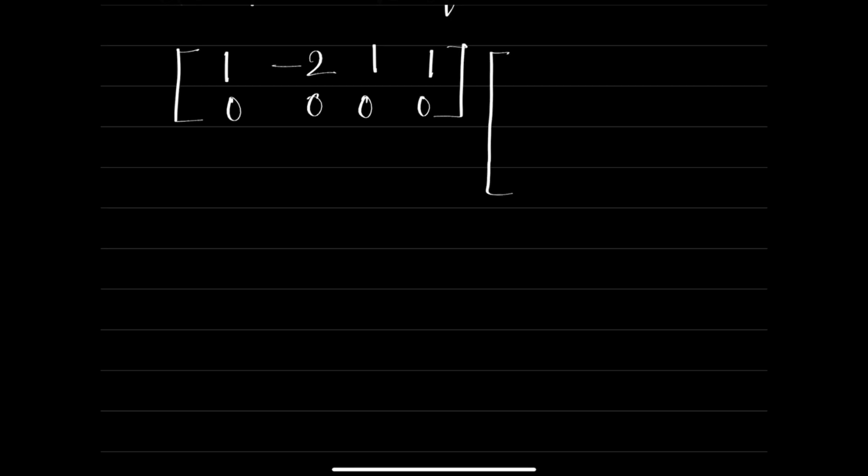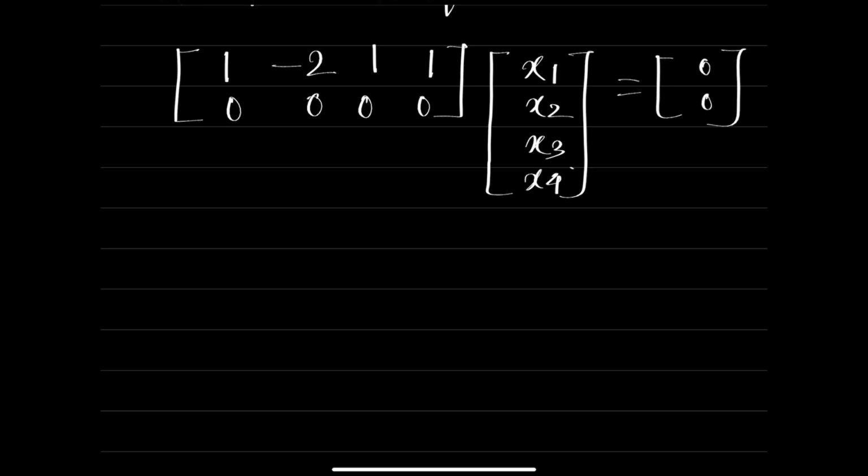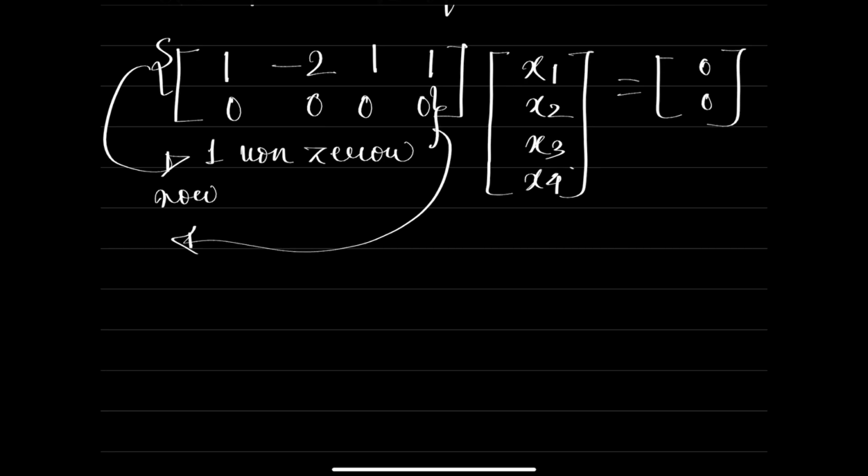So we get x1, x2, x3 and x4 equals 0 0, as there is one non-zero row and one zero row.